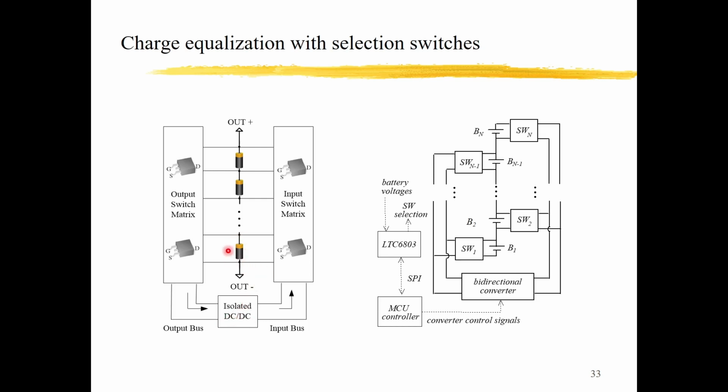And if this cell has the lowest SOC, we also turn on the switches and connect the cell to the output of the DC to DC converter. So we can directly transfer the energy from the highest one to the lowest one by the selection switches operation. In this method, we have only one converter and a lot of switches.